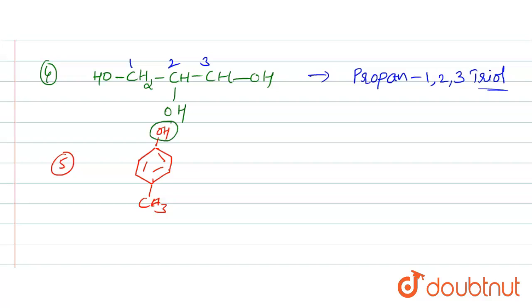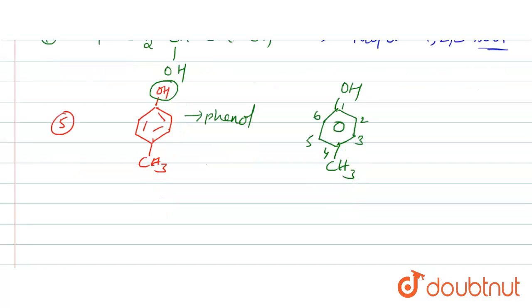That's why priority is given to this, that is the phenolic group. That's why the name of the compound is 1, 2, 3, 4, 5, 6. So it is 4-methylphenol.